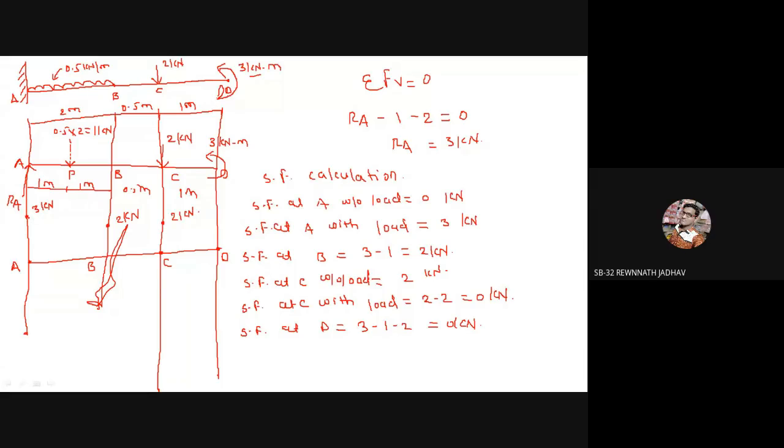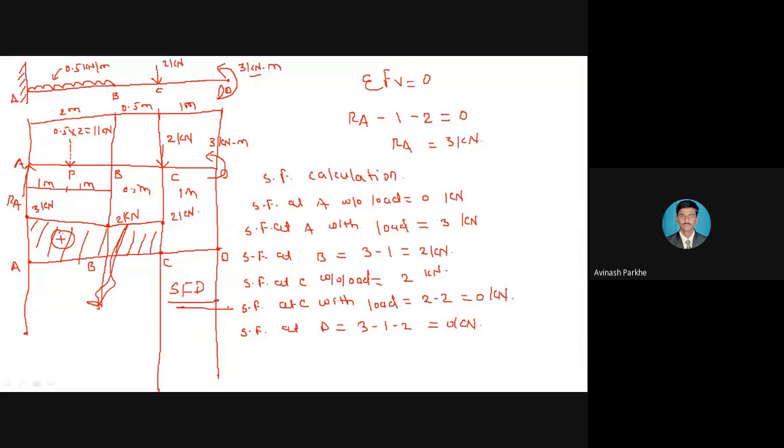In the portion B and C, both values are the same, therefore this is 2 kilonewton, and at C it is equal to 0. This is positive, and this will be your SFD.